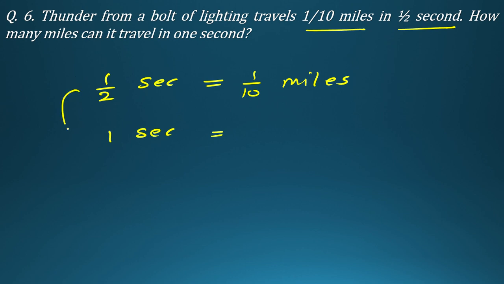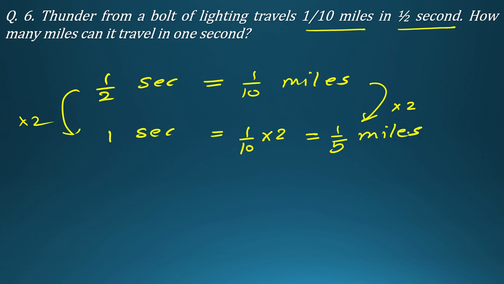So when this side is doubled, this will also be doubled, as you have studied in the ratio in my other video. So just double it. 1 by 10 multiplied by 2 means 1 by 5 miles. If they say 2 seconds, then make it 4 times. Like this you can do the calculation, or you can do it by the traditional method also.